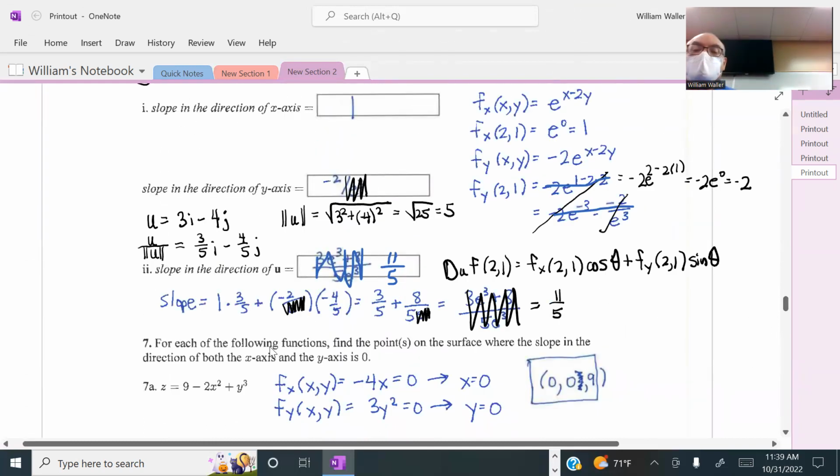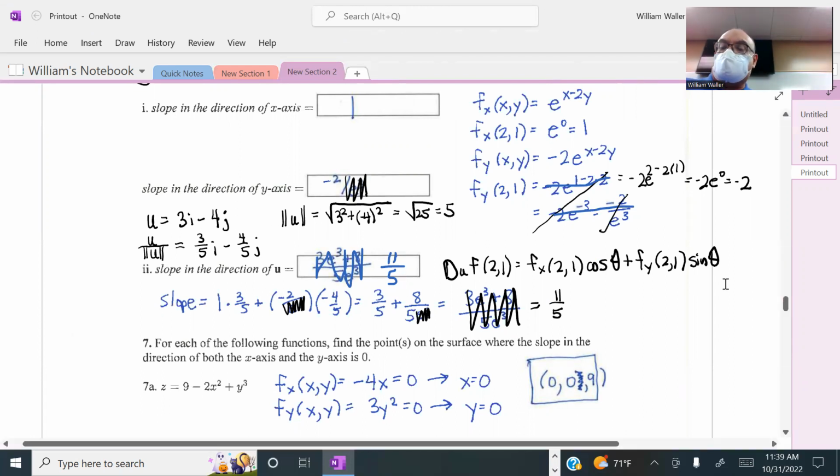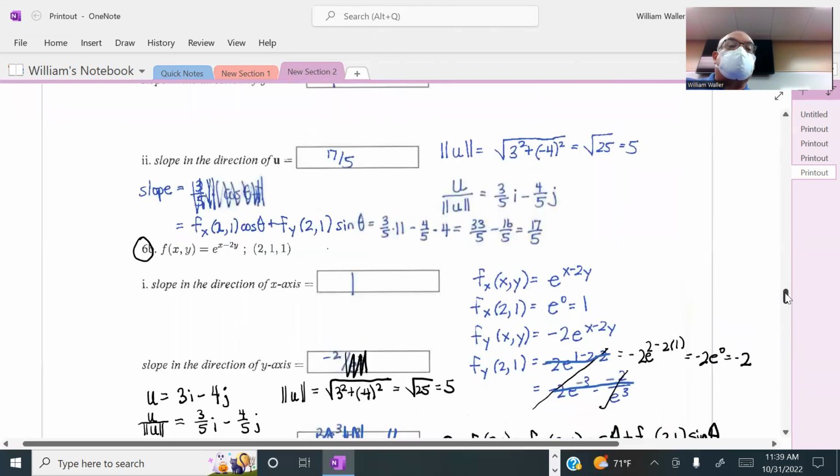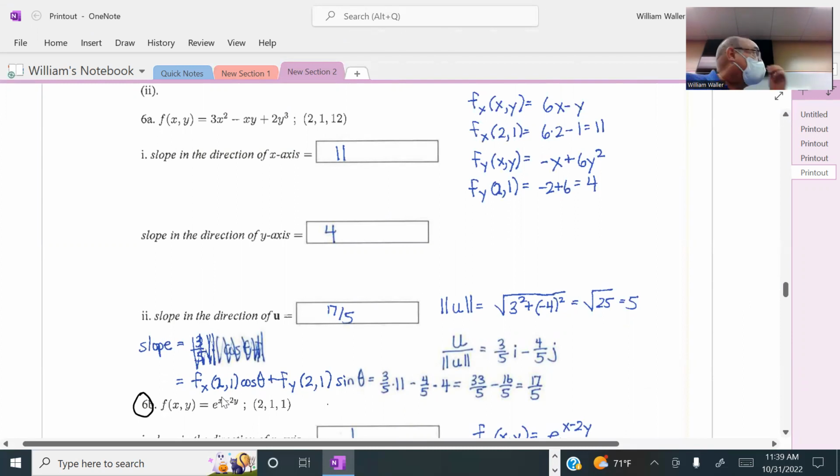So when I was finding the slope of this surface, what was that surface? It's this surface, e to the x minus 2y.